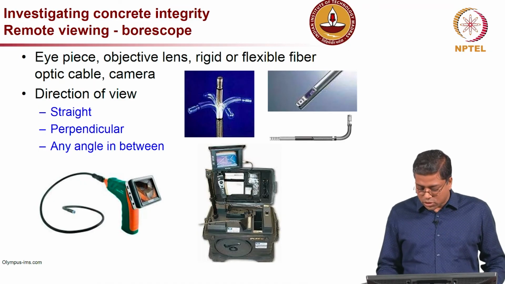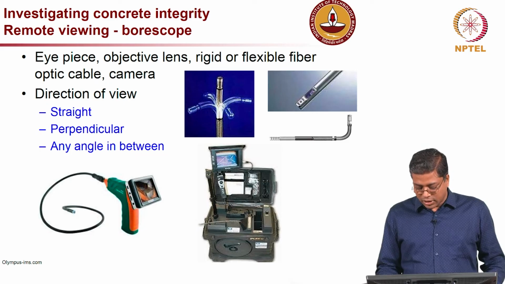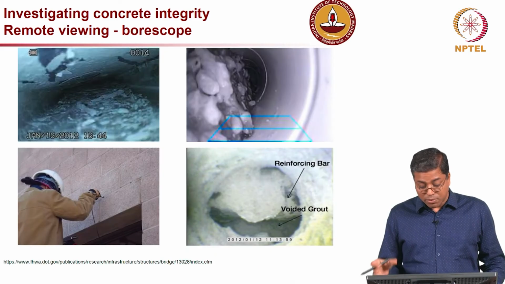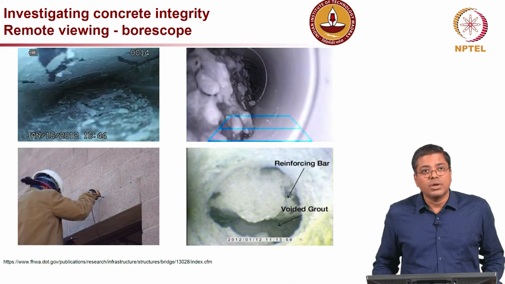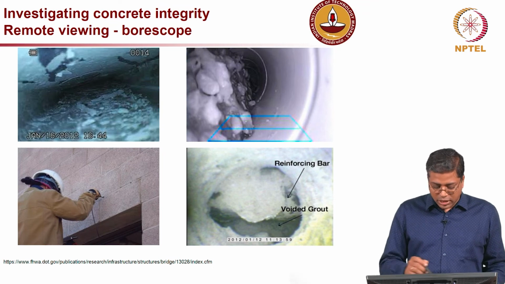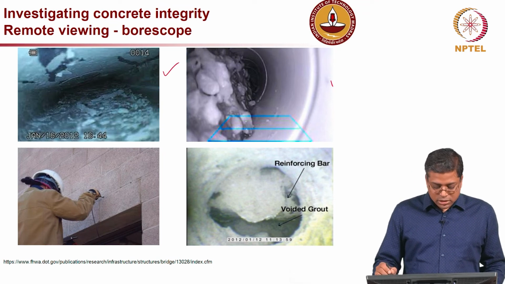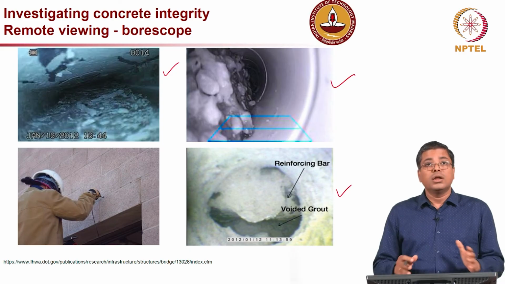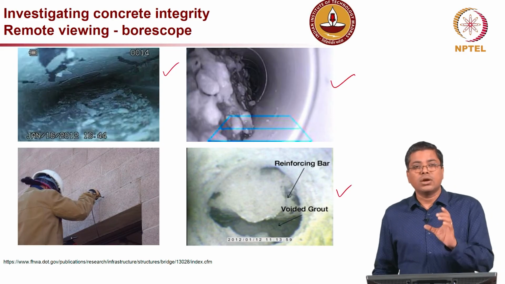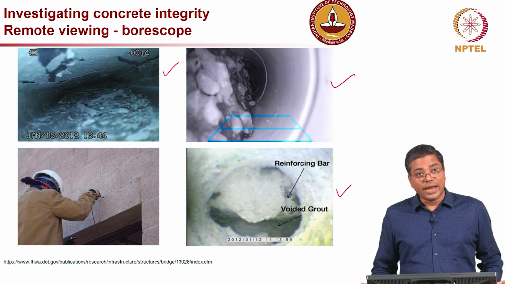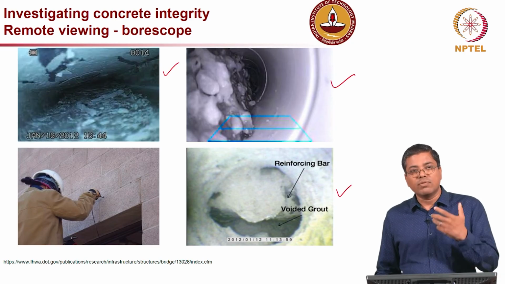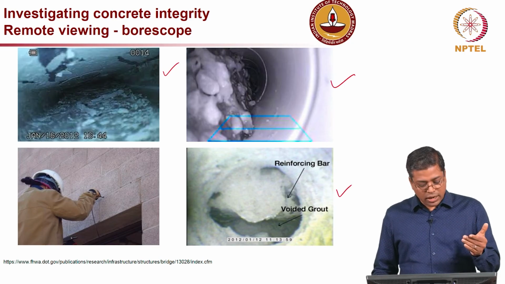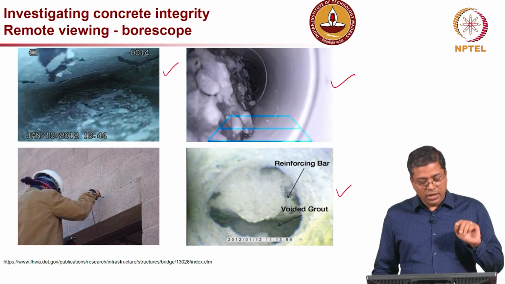So, these are very useful tools, especially for inspection of very important structures. These are some pictures showing images taken on pipes or tendons, where there were voids inside the tendons, and you can see that very clearly.